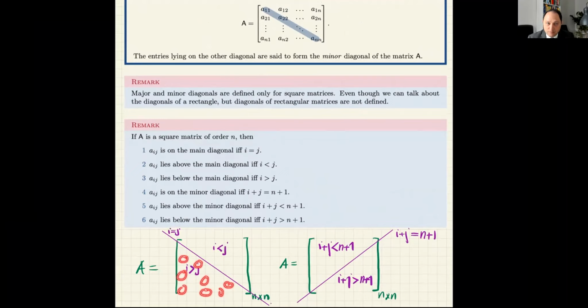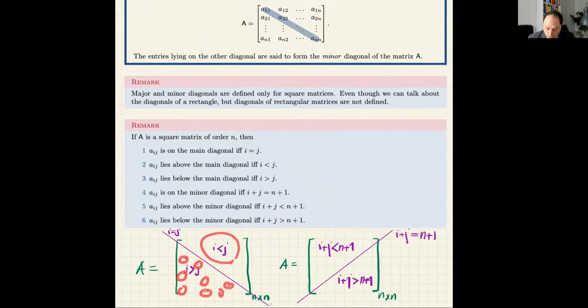The adjective upper refers not to the zeros, but to the probably non-zero ones. So don't get confused here. When we say upper triangular, we are not referring to where the zeros are sitting. We are referring to where the probable non-zero entries are sitting.